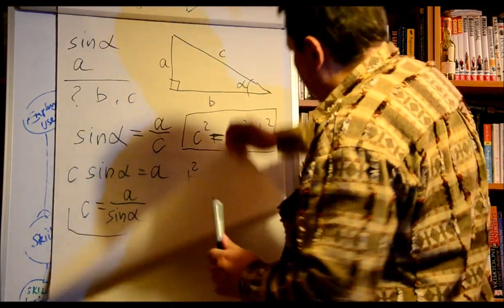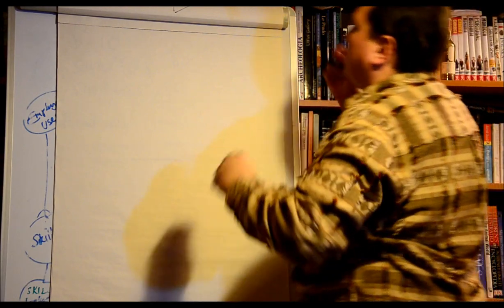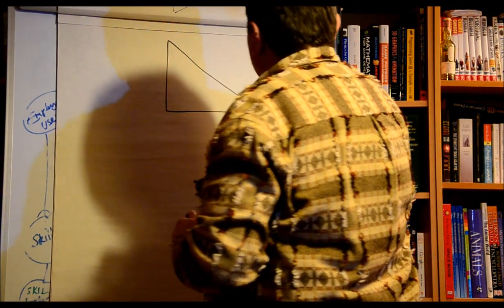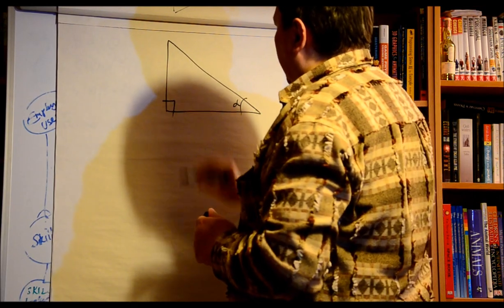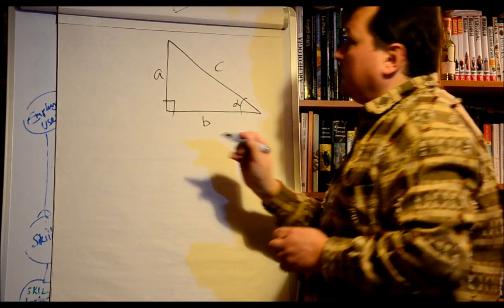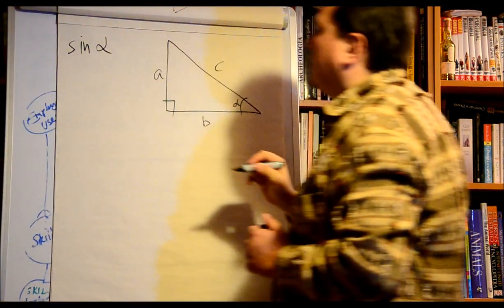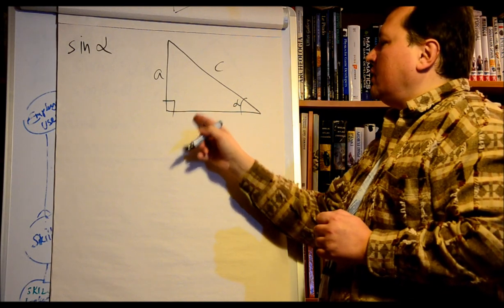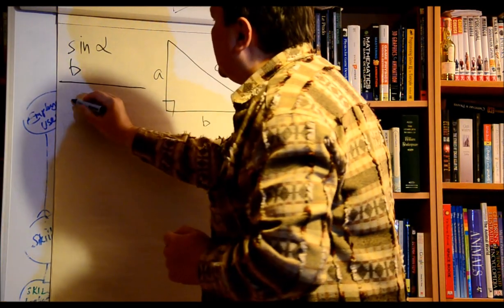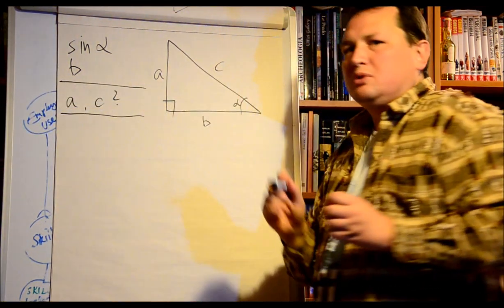We have a very similar triangle once again. Alpha is here, right angle, A, B, C, but this time we again know sine alpha, but apart from that we will know the value of B. And what we are looking for is A and C. What's the problem with this?